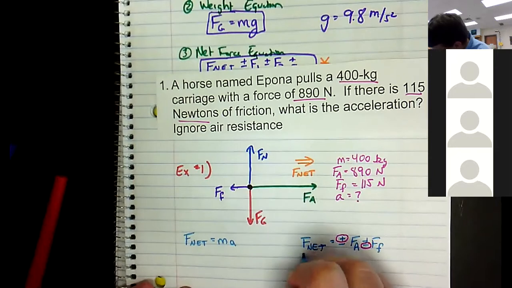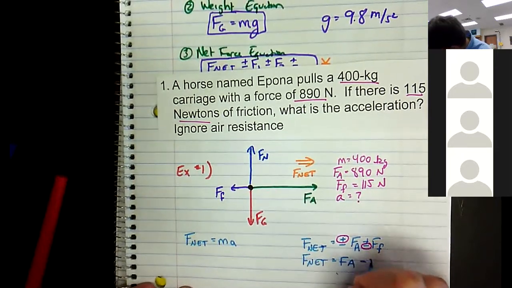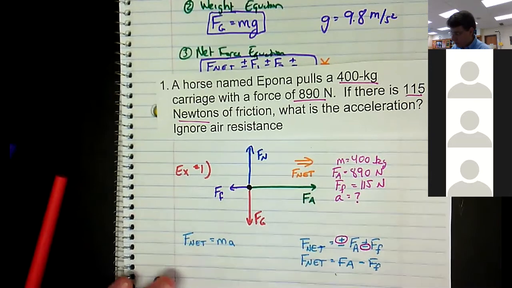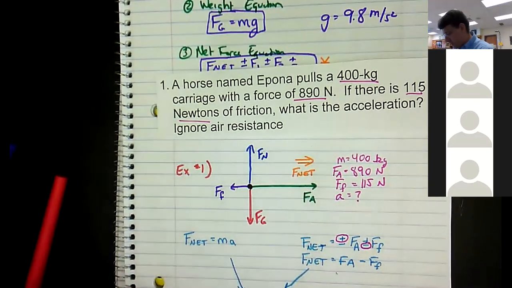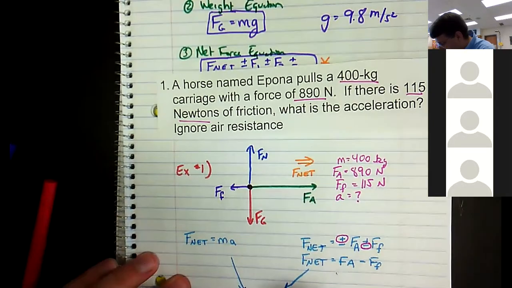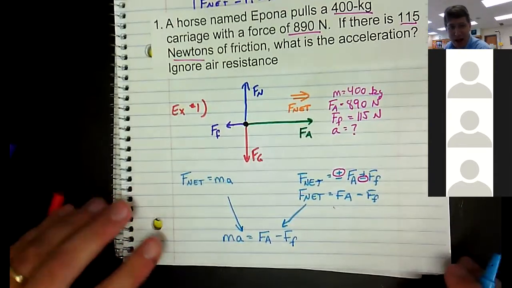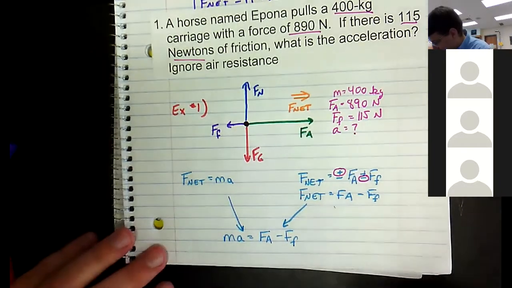So this equation becomes F net equals FA minus FF. The next thing we can do is combine these two equations into one. And so we can say MA is equal to FA minus FF.